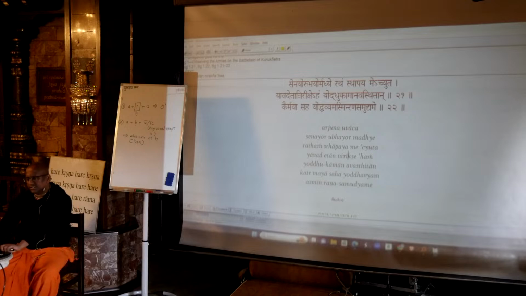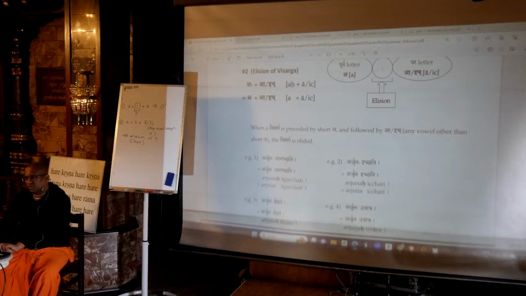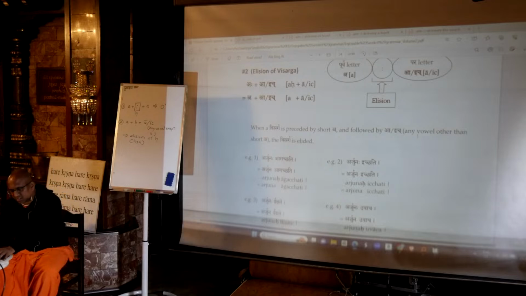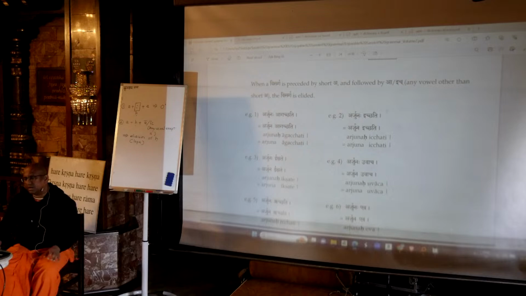You can see what is happening is, before visarga there is akara, and after visarga there is ukara. So does ukara fall in this ich or not? Yes. It falls. So that's why it is becoming like that. Arjuna uvacha. If it is Dhritarashtra uvacha, right, first verse, Dhritarashtra uvacha, it should be what actually? Dhritarashtraha uvacha, but it's turning into Dhritarashtra uvacha. So, for a as well as all other vowels, it will work like that only. Arjunaha ichchati becomes Arjuna ichchati. Arjunaha ikshate becomes Arjuna ikshate. Anything like that.